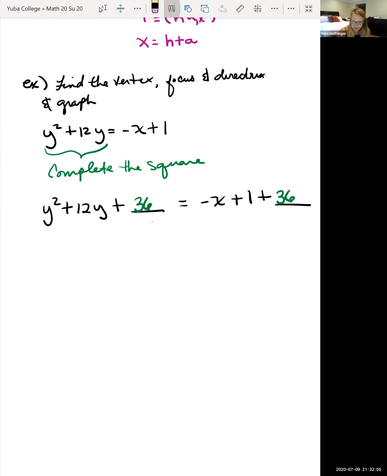So let's rewrite that as a perfect square. Now this is the same thing as y plus 6 quantity squared is equal to negative x plus 37.